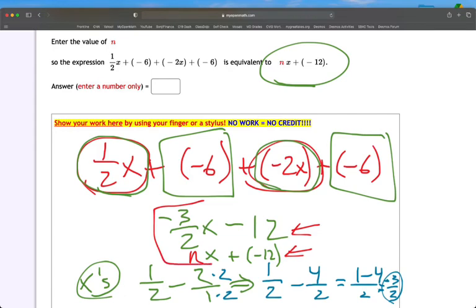So at that point, if n is -3/2, as we can see right there, then we know that those two expressions are equivalent to each other.